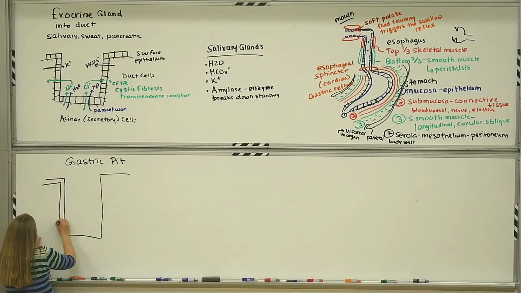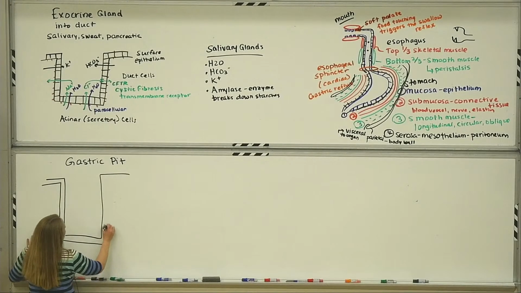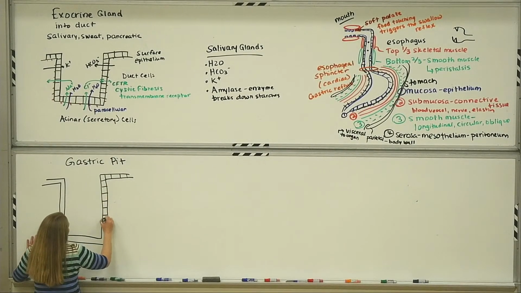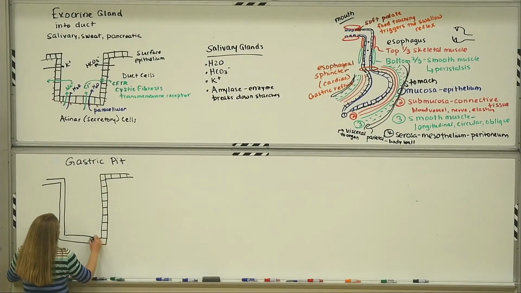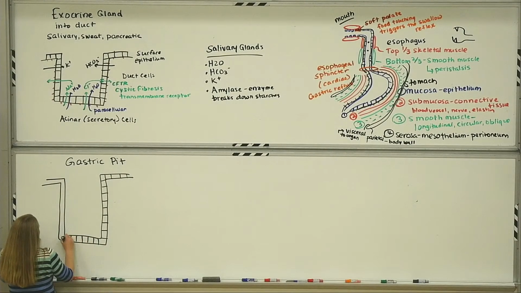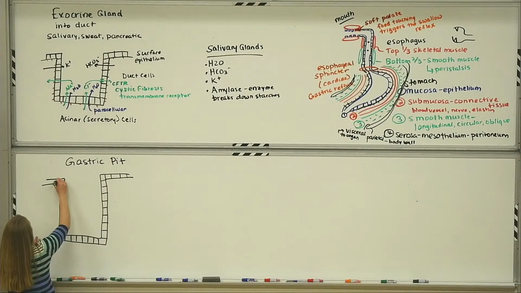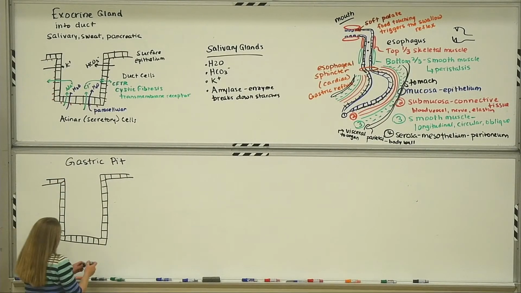Single cell, single layer of epithelium. And we can orient this. We could say that the outer side is the basal lamina. So I'll hash that.